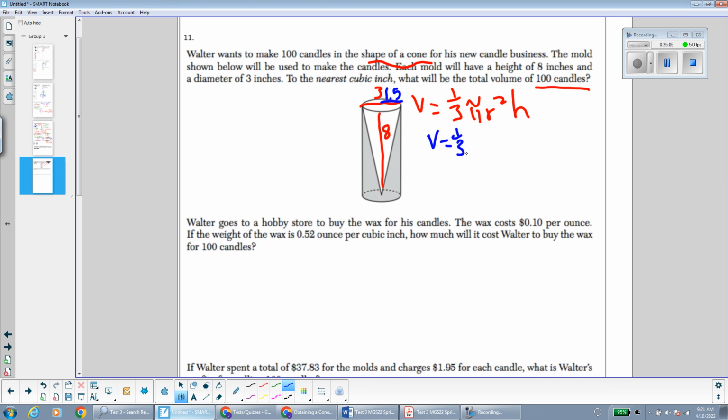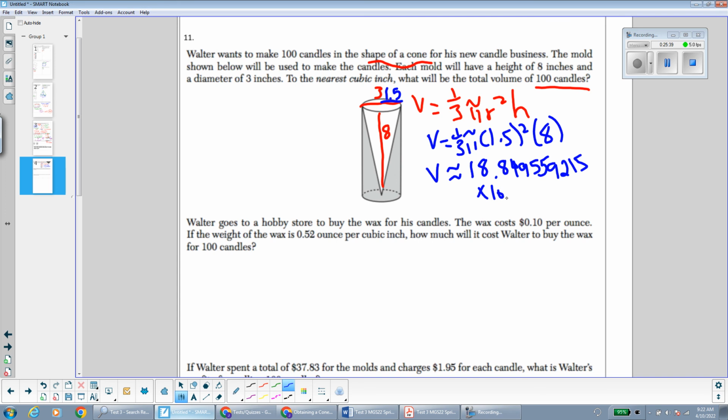So plugging in and putting this into my calculator, I get that the volume is approximately 18.849559215. We need it for 100 candles.